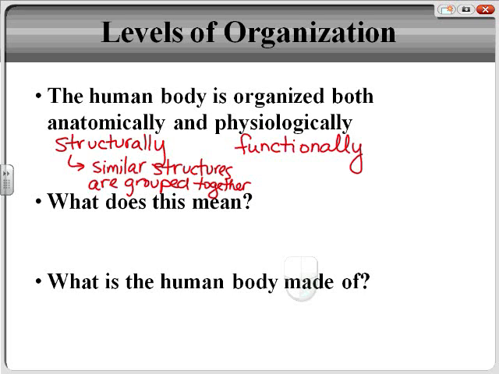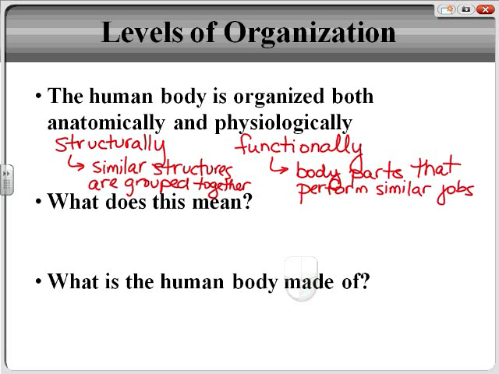But at the same time, functionally, we should know that body parts that perform similar jobs are grouped together as well.